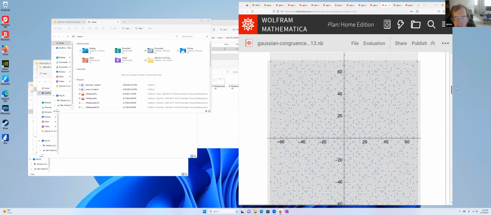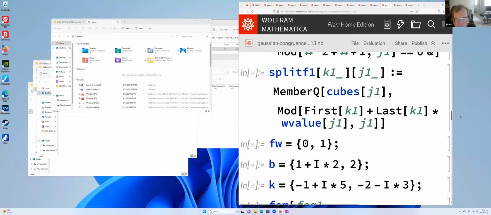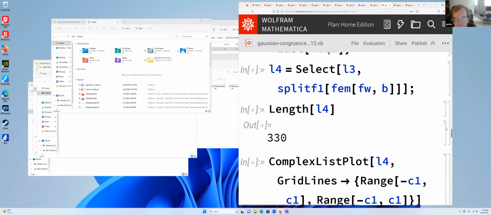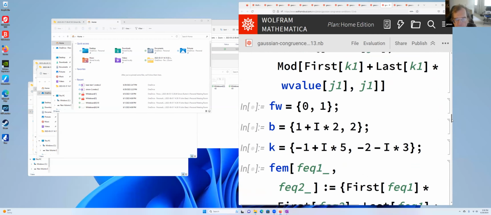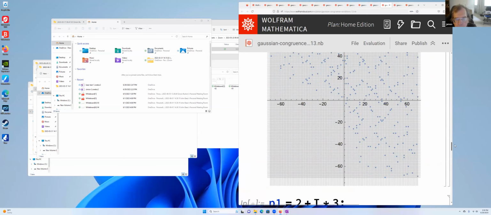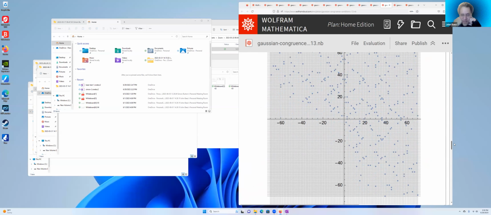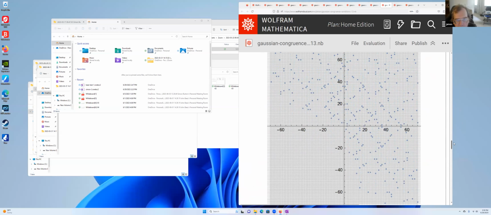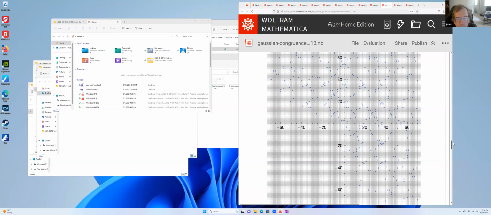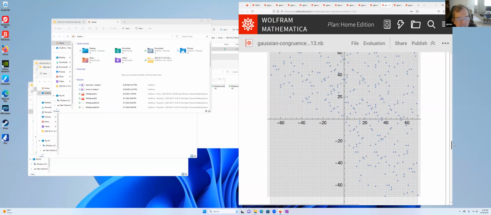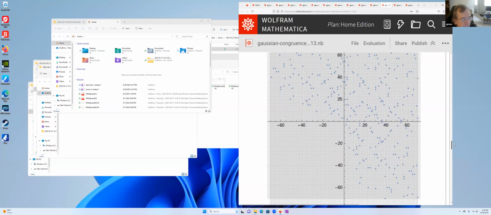So this is just a picture of the Gaussian primes, but we have some other pictures here. Let's see if we can find the right pictures. Oh, wow, that's weird. Some of these pictures are a little bit mysterious. I don't understand why the third quadrant is missing there. This is supposed to be a picture of some primes that satisfy a congruence pattern, but I'm totally confused how the third quadrant managed to not be there.